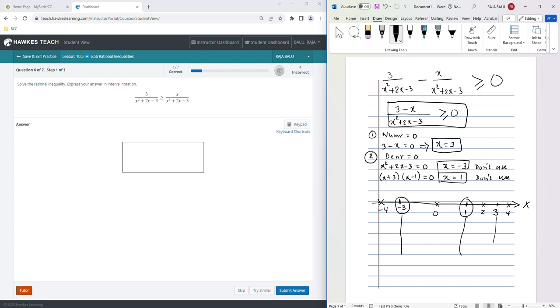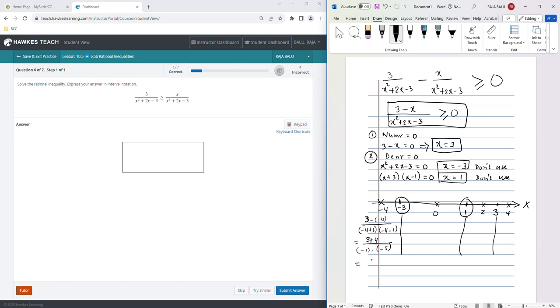So let's see, if I plug in negative 4 into my expression, that is 3 minus x, so it will be 3 minus negative 4, divided by negative 4 plus 3 times negative 4 minus 1. Now I'm not interested in the precise value, I'm only interested in the sign. So the numerator is positive, 3 plus 4. Denominator, both of them are negative, so negative 1 times negative 5.